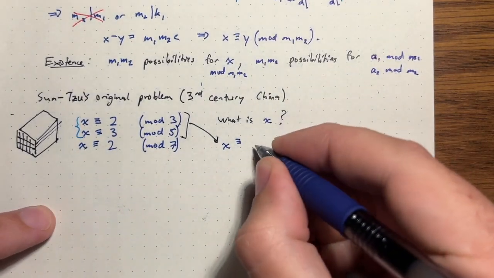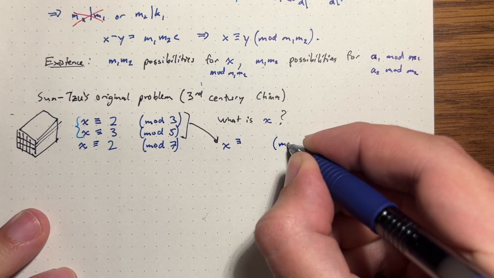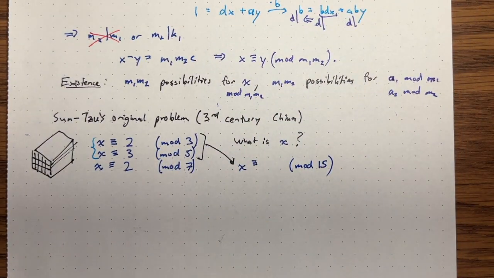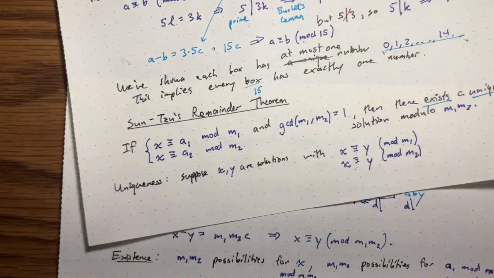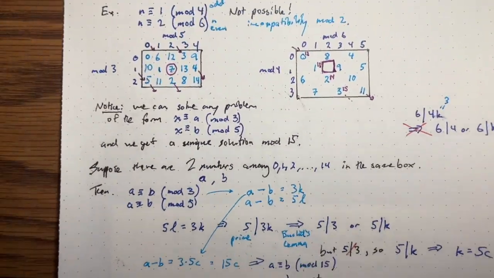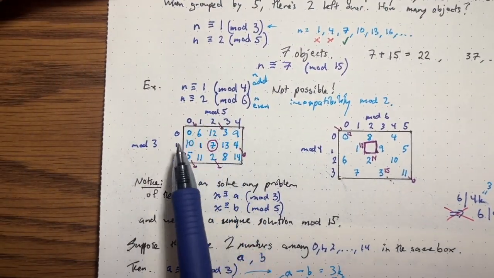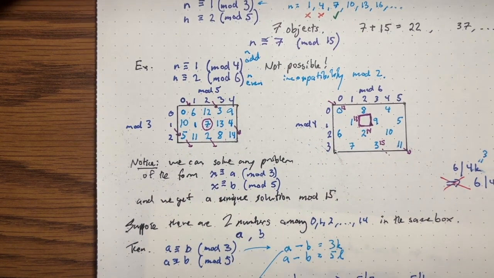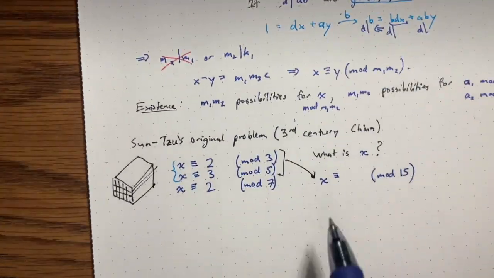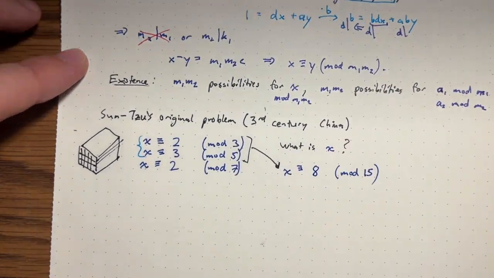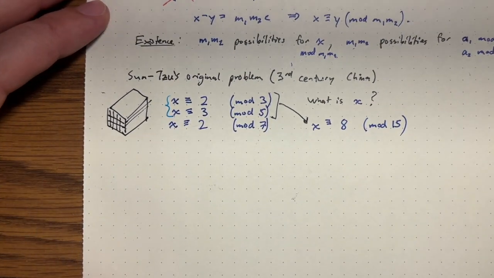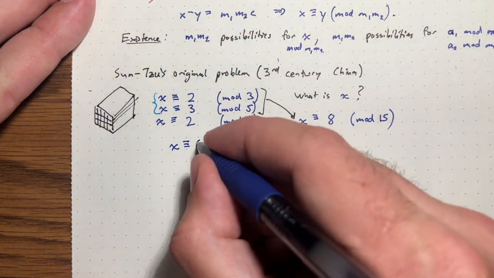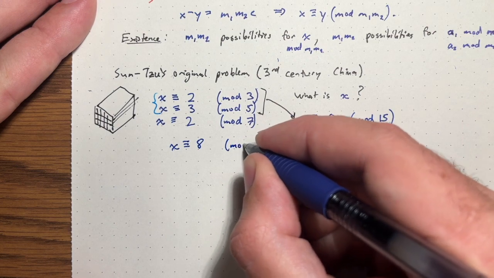Okay, so x is congruent to something mod 15. What is that something? Let's see if we can just come back here and stare at our chart. So x is 2 mod 3 and 3 mod 5. If we're 2 mod 3 and 3 mod 5, then we have to be 8 mod 15. Here's what I'm going to do now. I'm just going to replace the first two with this new one. So x is congruent to 8 mod 15.